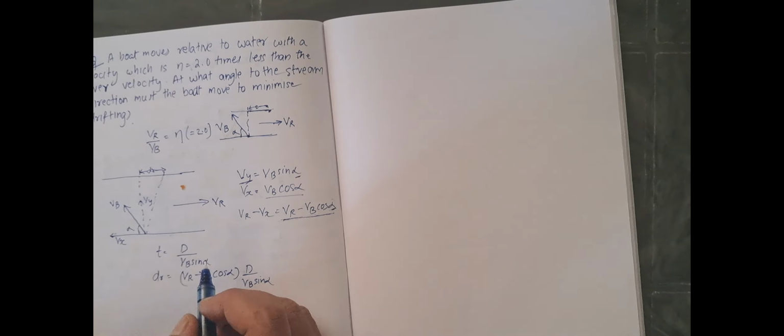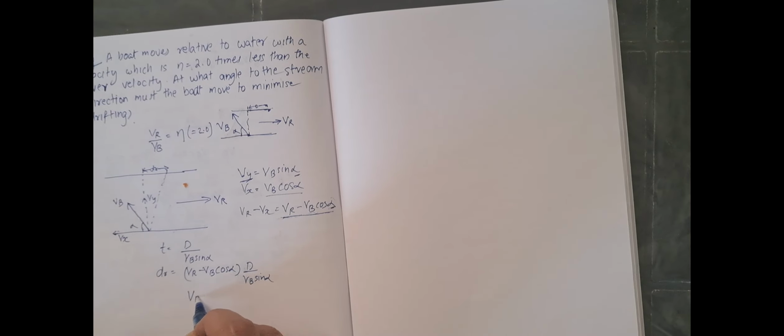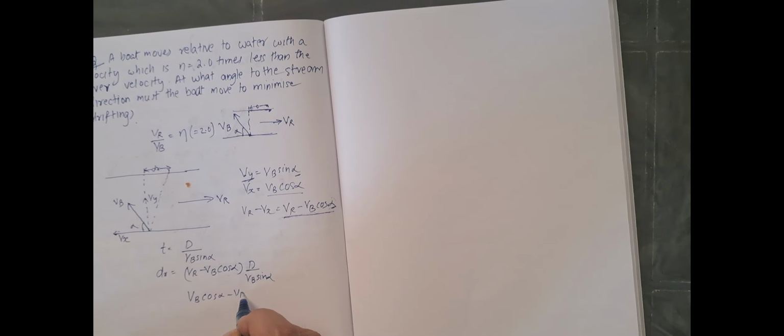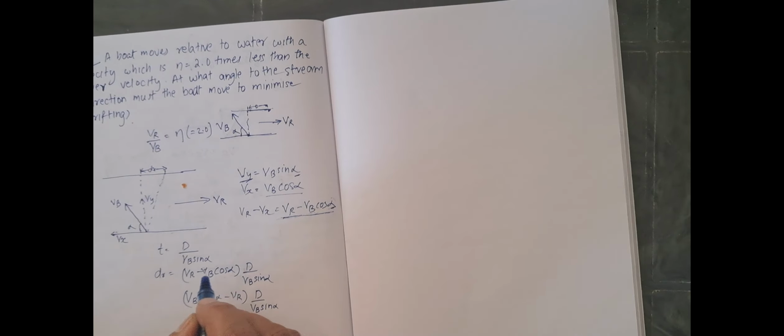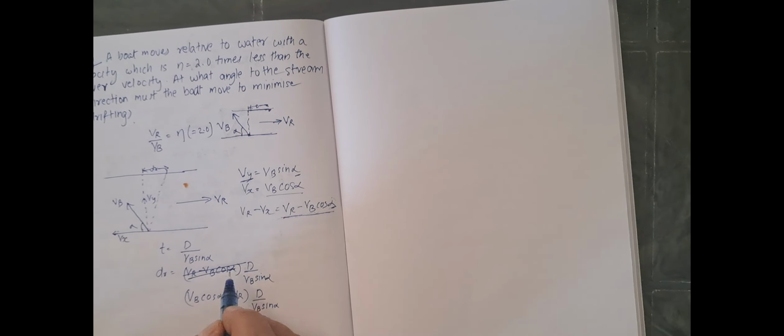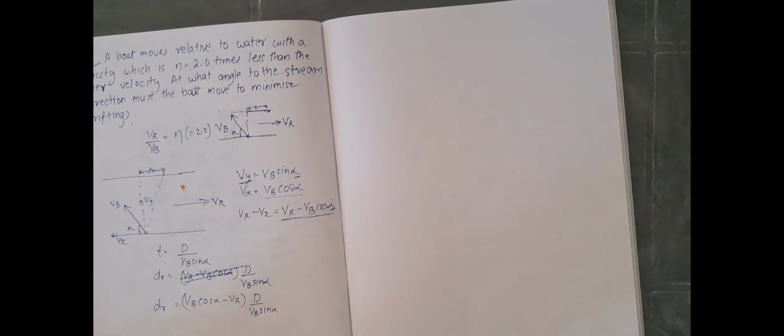Oh, in fact, it should be the opposite way around actually. This equation should be Vb cos alpha minus Vr into d by Vb sin alpha. I just wrote it in the opposite way. This will be the drift dr.